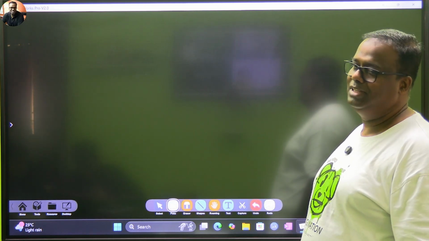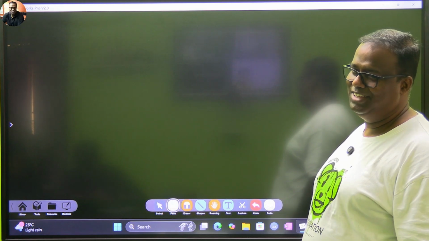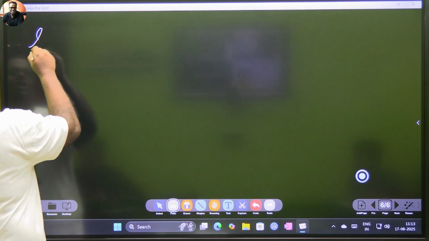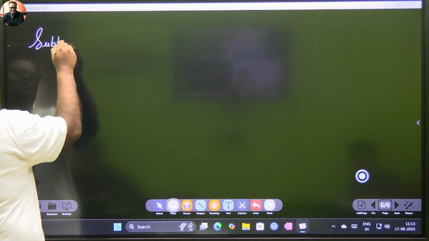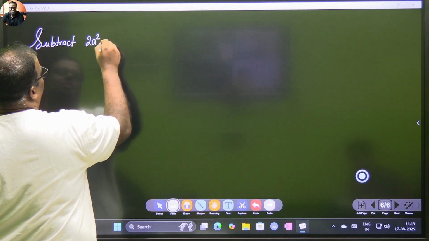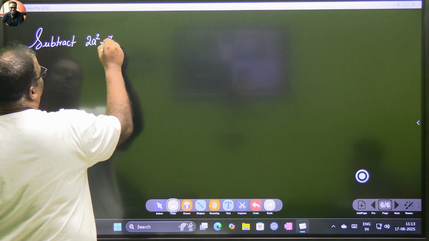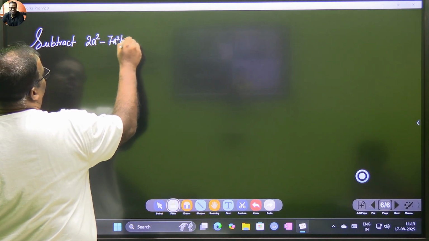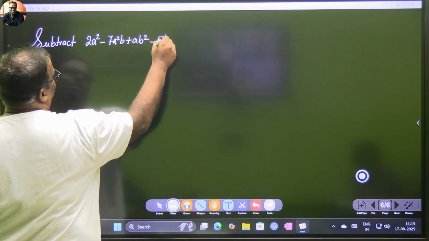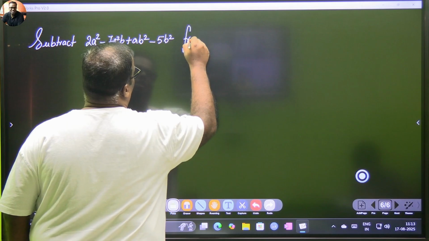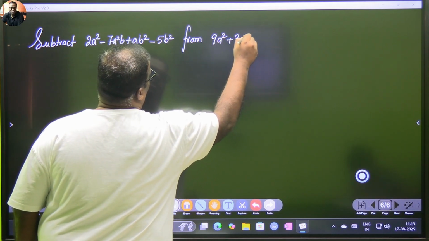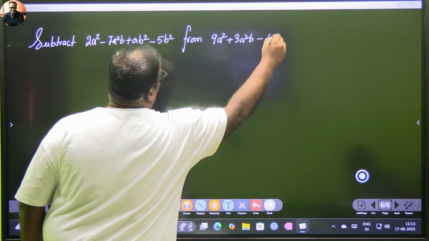Subtract 2a square minus 7a square b plus ab square minus 5b square from minus a square plus 3a square b minus 4ab square plus 2b square.